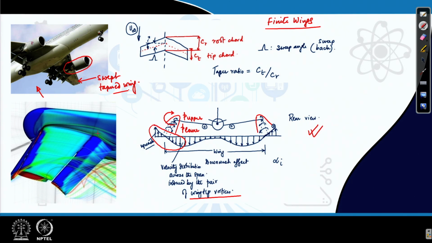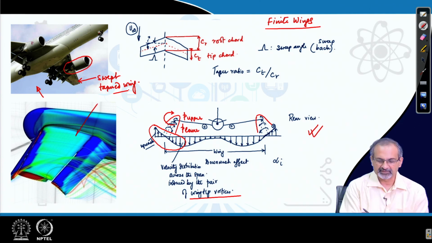So, when flow computations are performed, you can see results of that over here, and you can also make out that both leading edge and trailing edge high lift devices have been deployed here.